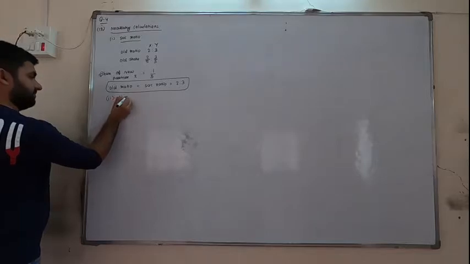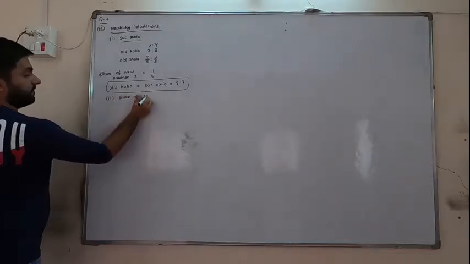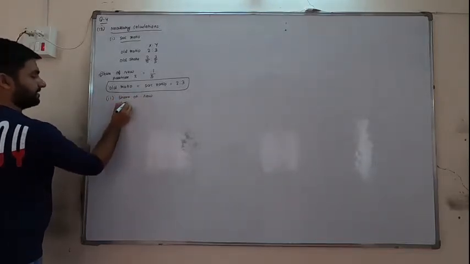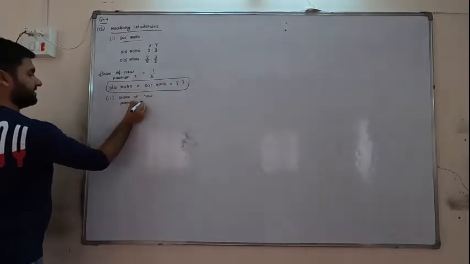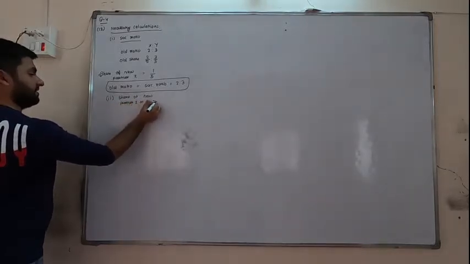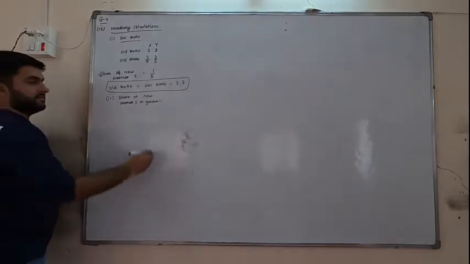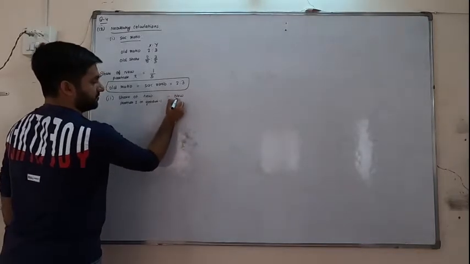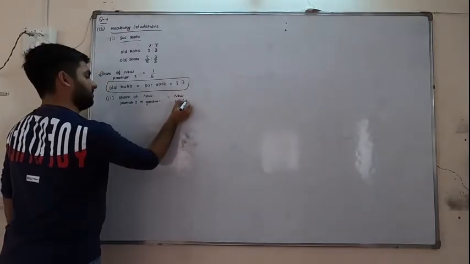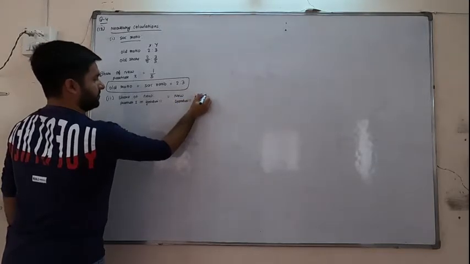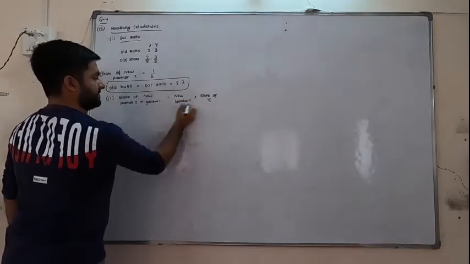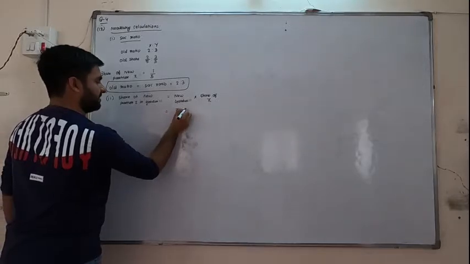Now step number 2. Share of new partner Z in goodwill is equal to new goodwill into share of Z. New goodwill here is 20,000.